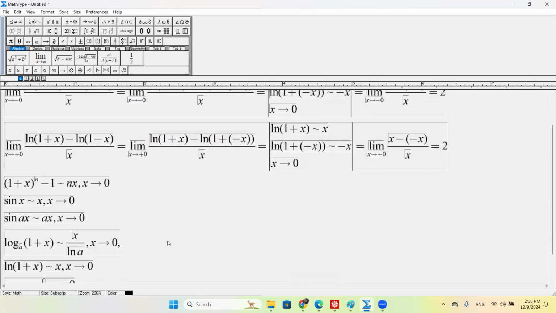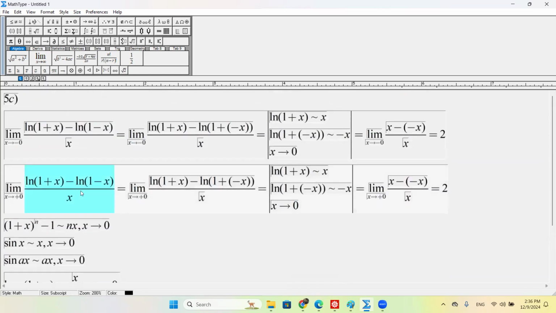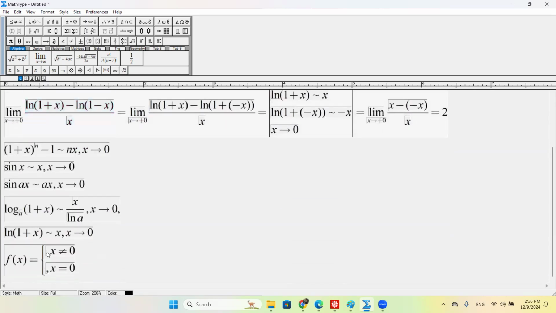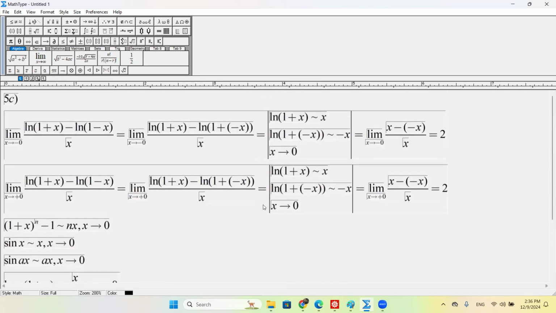And to define the function, we will do the following. The function will be equal to 2 at point x equals 0. So it will be an absolutely continuous function. Any questions about this task? Maybe about the limit, about equivalences?